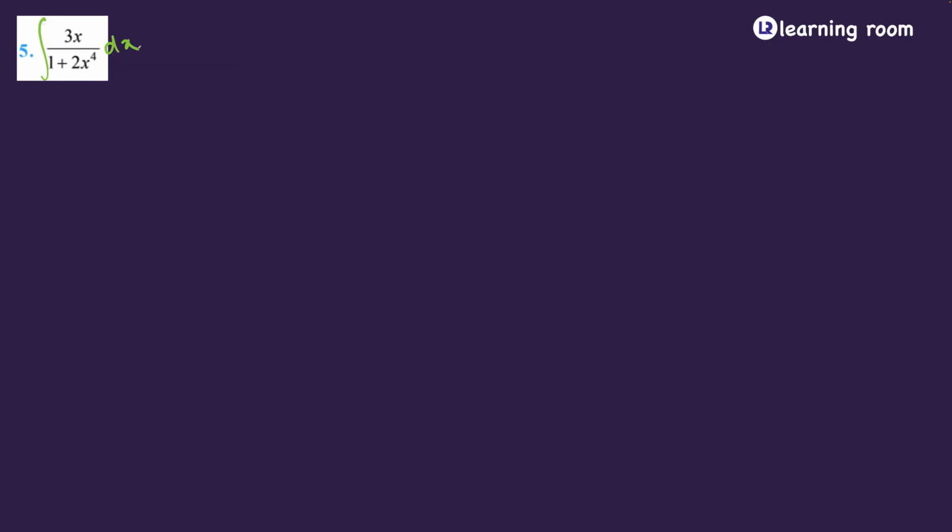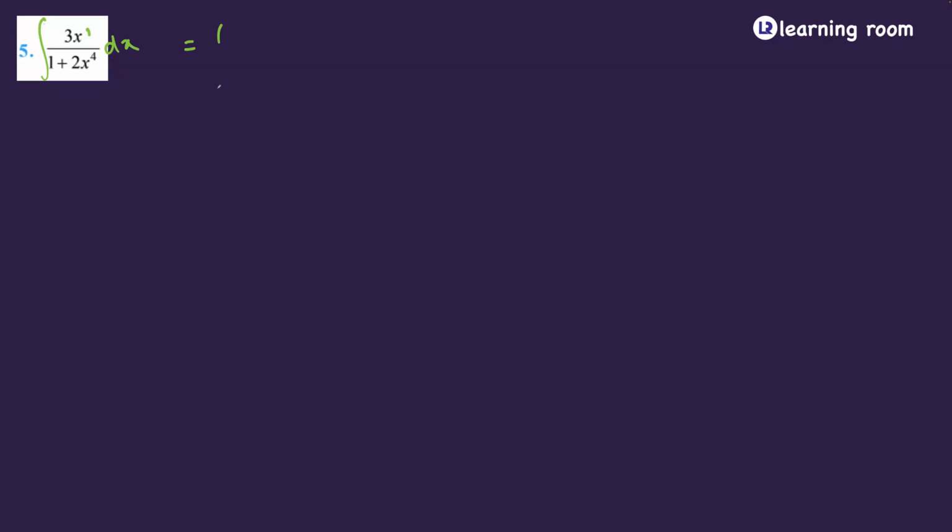If I want to eliminate the denominator, then I can substitute x power 4 as t. But what should the derivative of x power 4 be? It will be 4x cubed. But I have the numerator's power as 1. So derivative of which function will give the power of x as 1? x square, right? So what I should do here is x power 4, I can split and write it as x square the whole square.